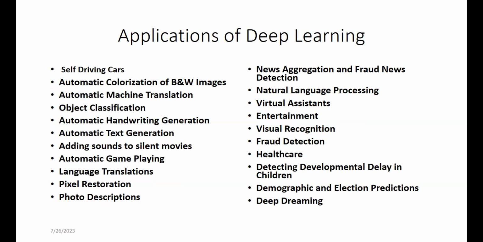The applications include self-driving cars, automatic colorization of black and white images, automatic machine translation, object classification, for which I already took a case study to explain the entire processing, automatic handwriting generation, automatic text generation, adding sounds to silent movies, automatic game playing, language translations, pixel restoration to improve the quality of an image, and photo description, meaning you want to detect certain features in a photo or an image.